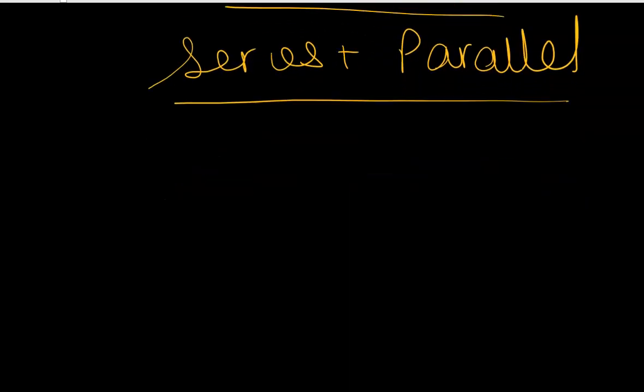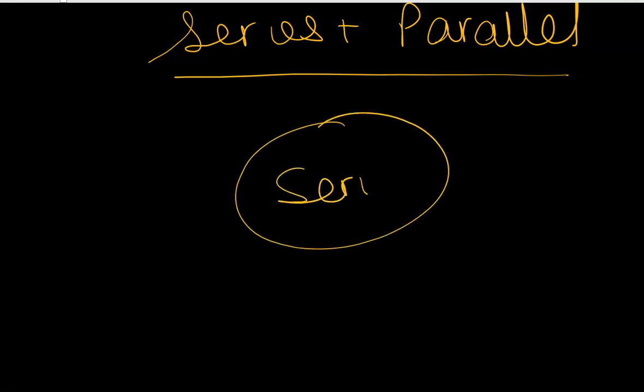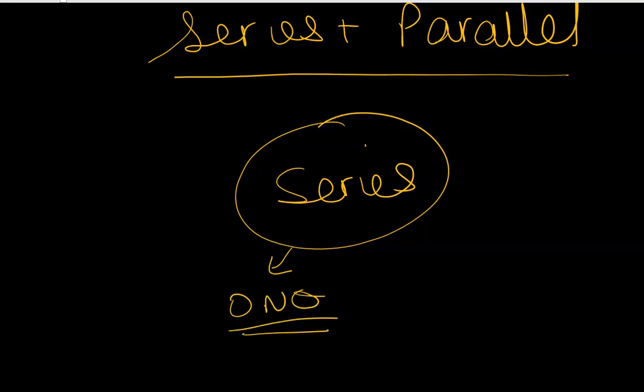When we talk about a series circuit, there are certain characteristics that come into play. The first thing is that there is only one path that the charges can take to complete a loop around the circuit, one way they can go from the positive all the way to the negative.